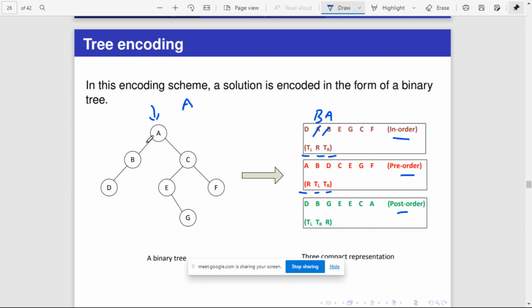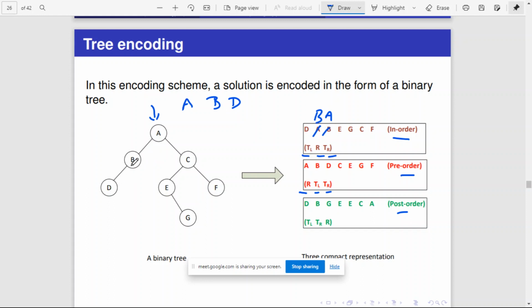Yes, visit it. Then B. Is it a root node of some subtree? Yes, visit it. Then go to D. It's not a root node, but it is the left child of B, so you can consider it and visit it. Now what happens?